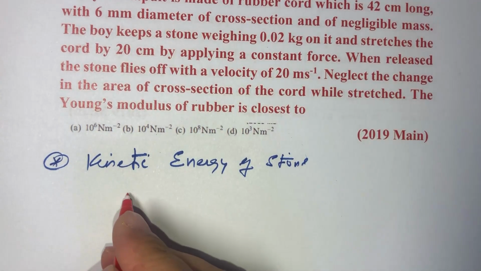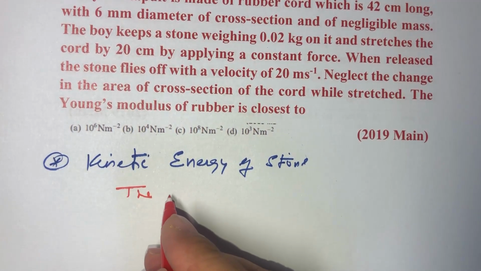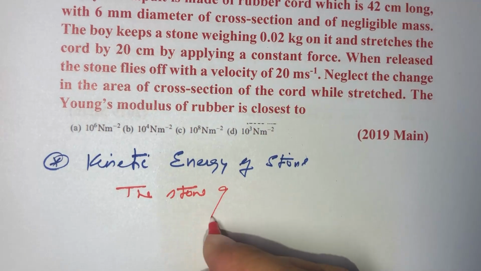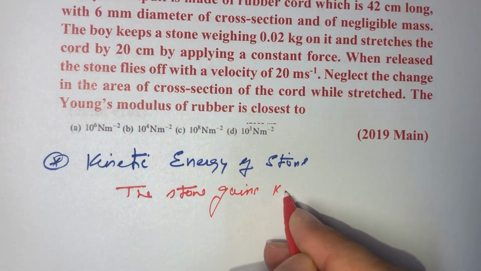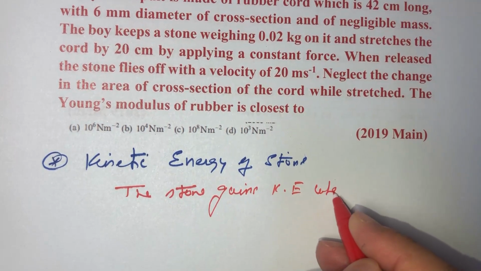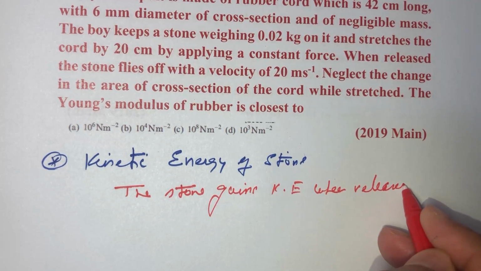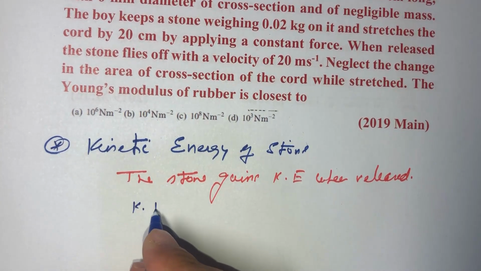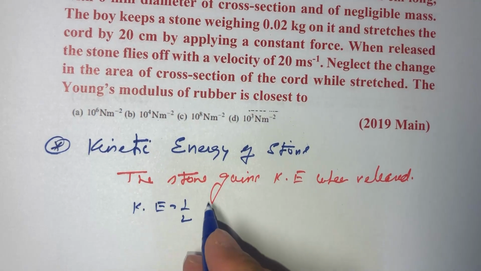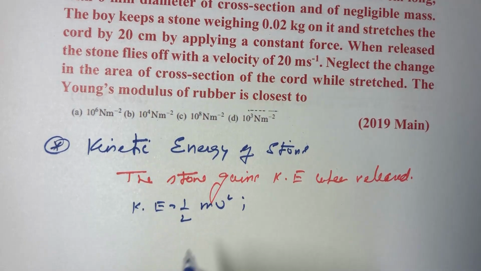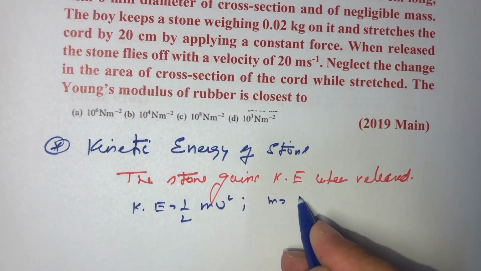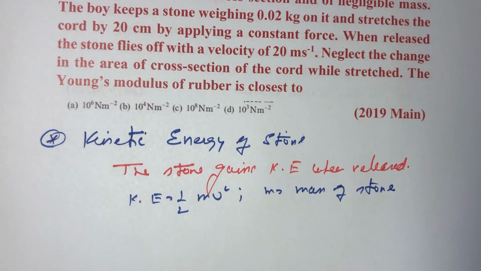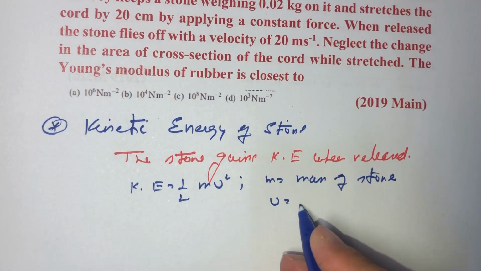So we can write the stone gains kinetic energy when released, and the formula for kinetic energy is K is equal to half mv square, where m is the mass of the stone, and v is the velocity of stone.